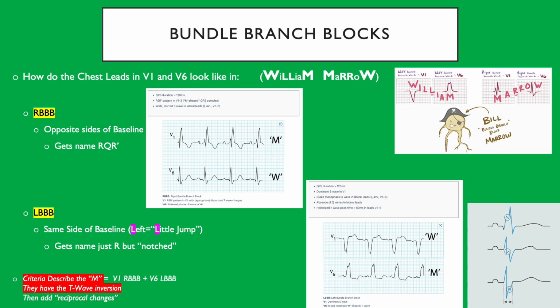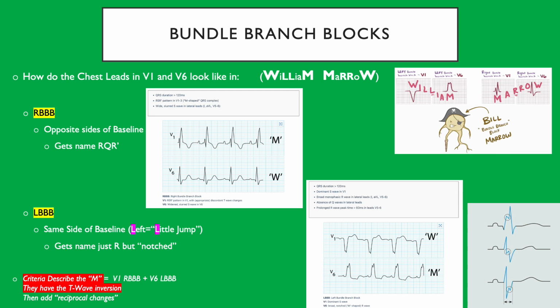These are notches, just a small jump, but all of this is called R. So if you look at the right bundle branch block, if you go to the M, you have letters and T-wave inversion on V1. And if you go on the left, you have just a little jump. There are no extra letters, only an R, and it has a T-wave inversion.